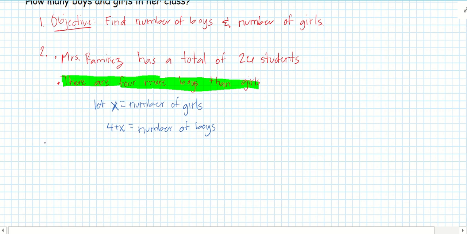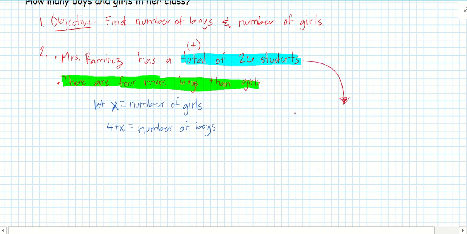Now after this, let's go back to the first sentence, where it says that there's a total of 26 students. Now, remember that total goes back to addition. That means that the number of boys plus the number of girls equals 26. Okay, so I'm going to go ahead and write this here on the side.